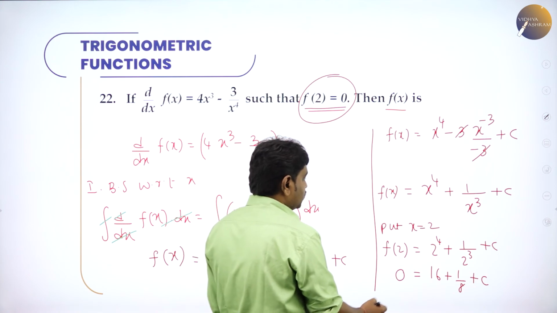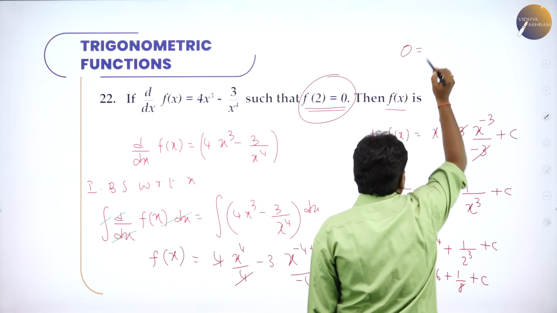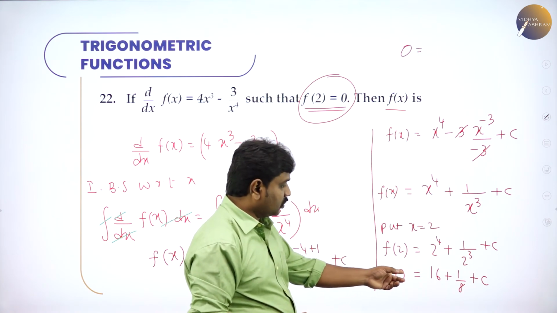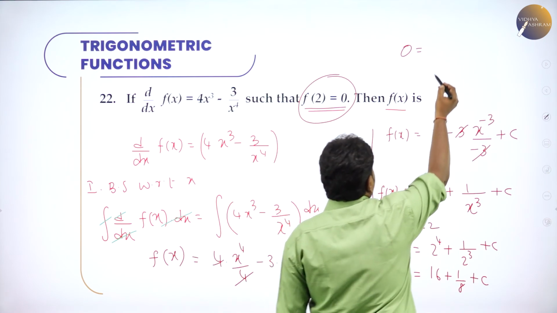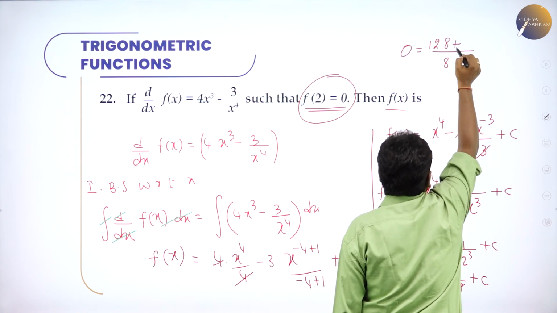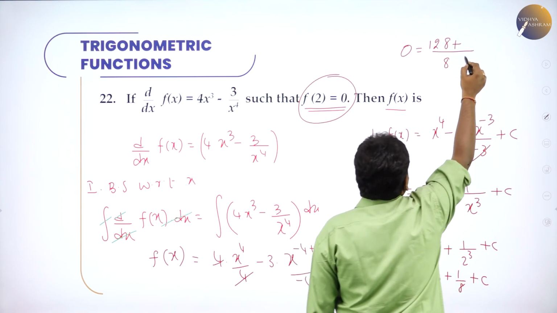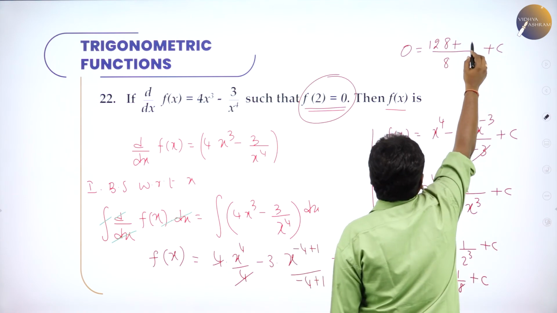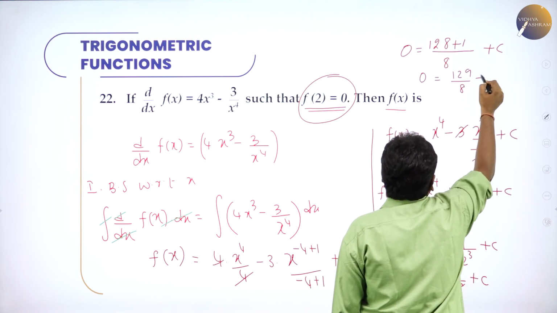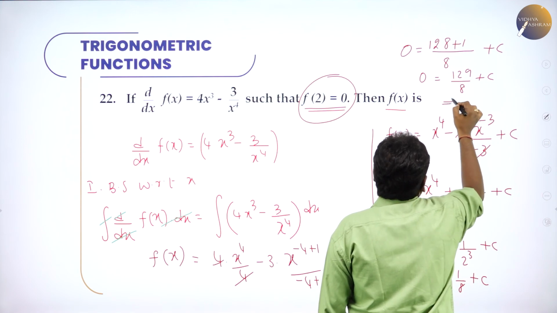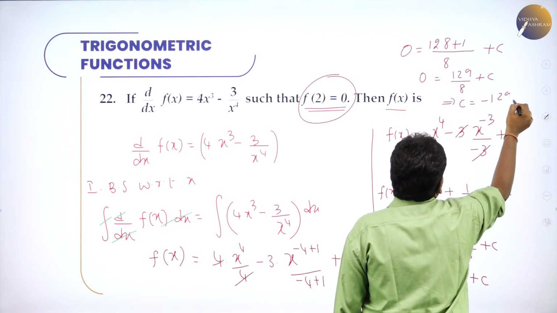If you simplify this, 8 and 16, 8 is the LCM, 128 plus 1, so 0 is equal to 129 by 8 plus c. What is c? That implies c is minus 129 by 8.